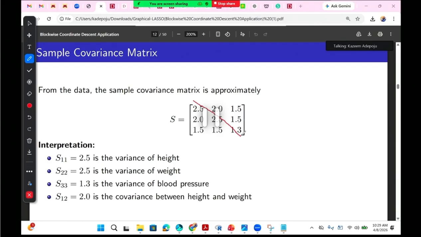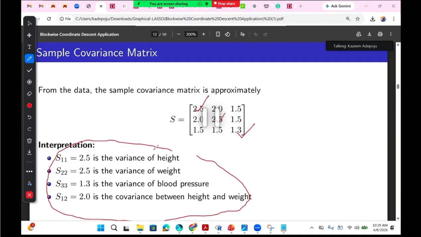Off the diagonal will be the covariances, right? Now, if you take a look at, for instance, here, this is going to be S11, which is the variance of height. This is the variance of weight. This is the variance of blood pressure.